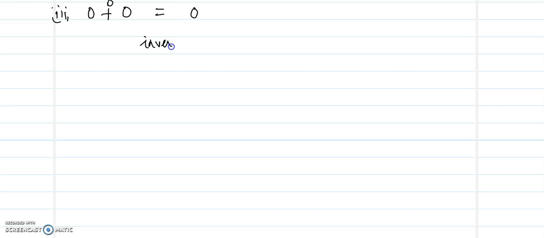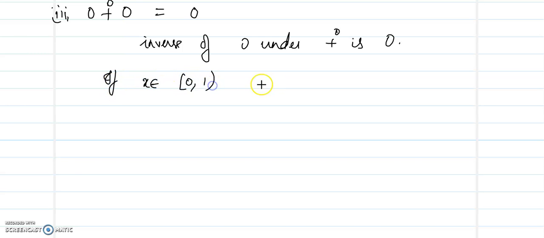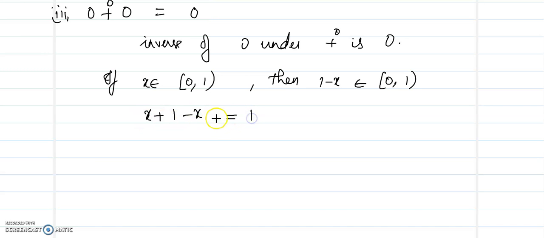So the inverse of 0 under sum modulo 1 is again 0. Similarly, if x belongs to [0,1), then 1 minus x also belongs to [0,1). If you take x plus 1 minus x, the value will be 1.